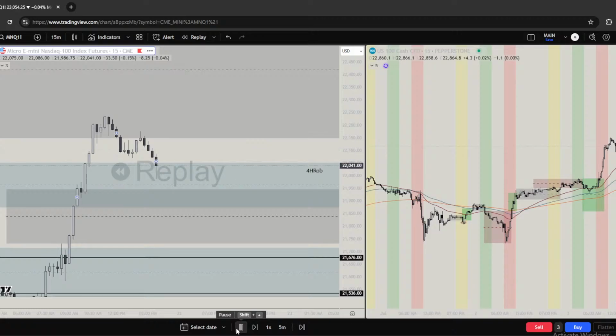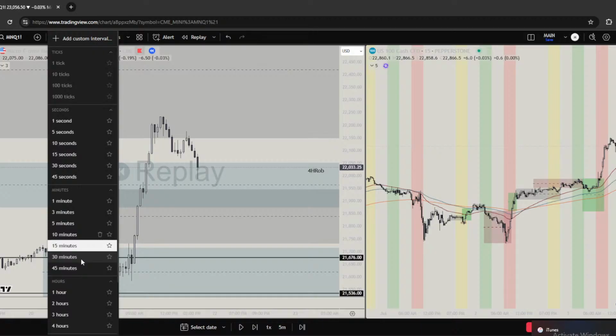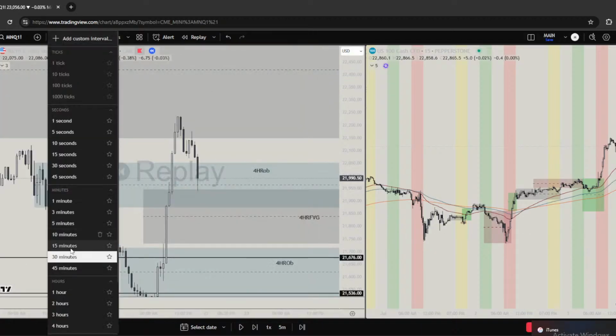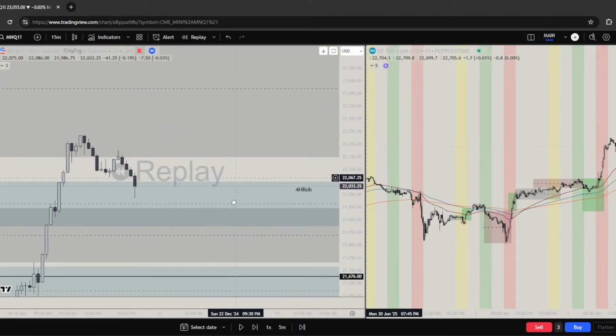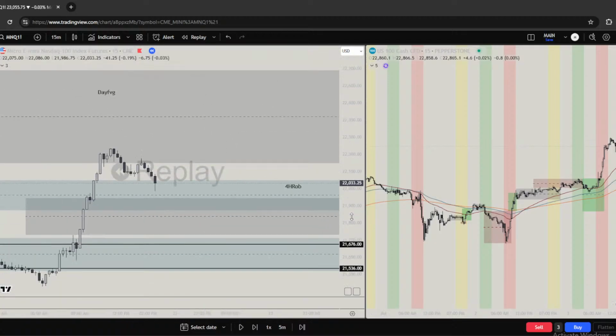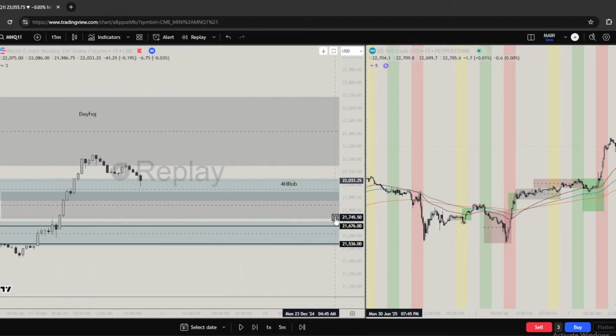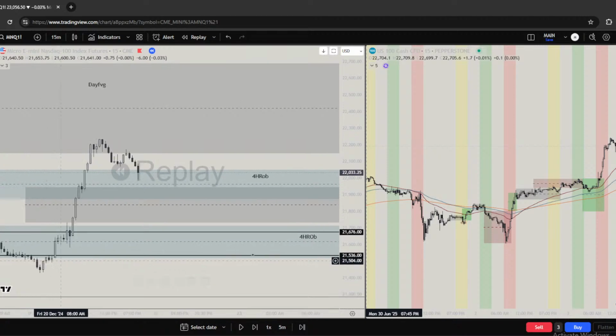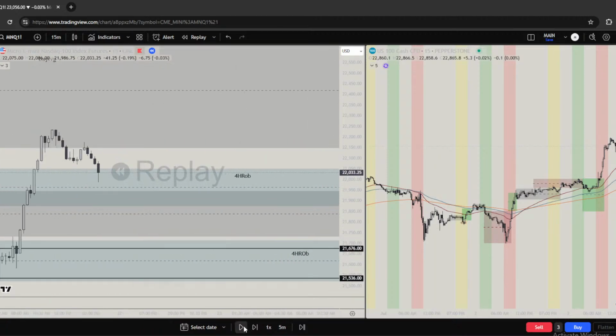And about to retest. Yep. Retest of this 4 hour order block. Let's see if we get some displacement.